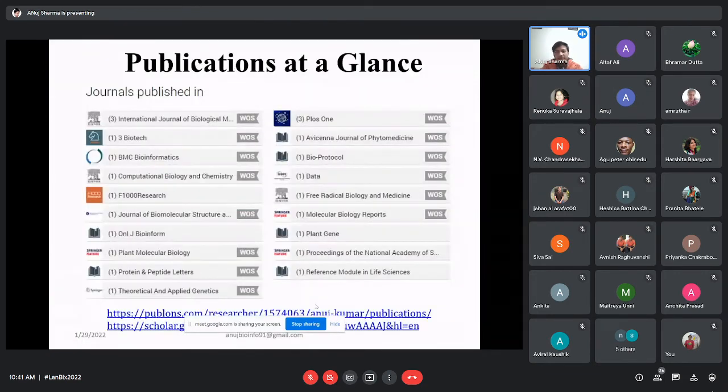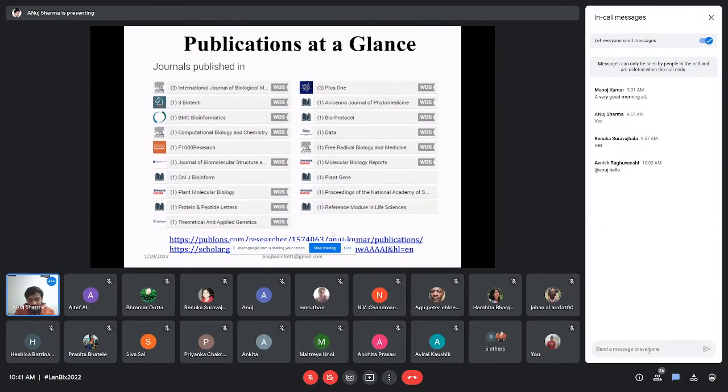We have published so many studies, more than 50 peer-reviewed articles in different journals, and collaborated with different labs like Professor P.V. Kavi Kishor's lab and Prashant sir's lab, Professor P.K. Gupta's lab, and ISRI, and there are so many labs.